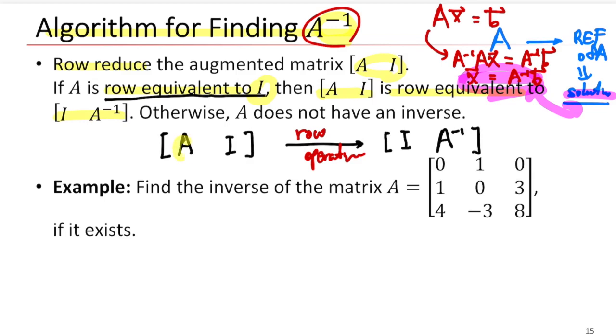So from this one to this one will make this one to this one, with the same row operation. So what does it mean? By making this matrix A an identity matrix, we can naturally find the inverse of matrix A here. Okay, this is a very important property.